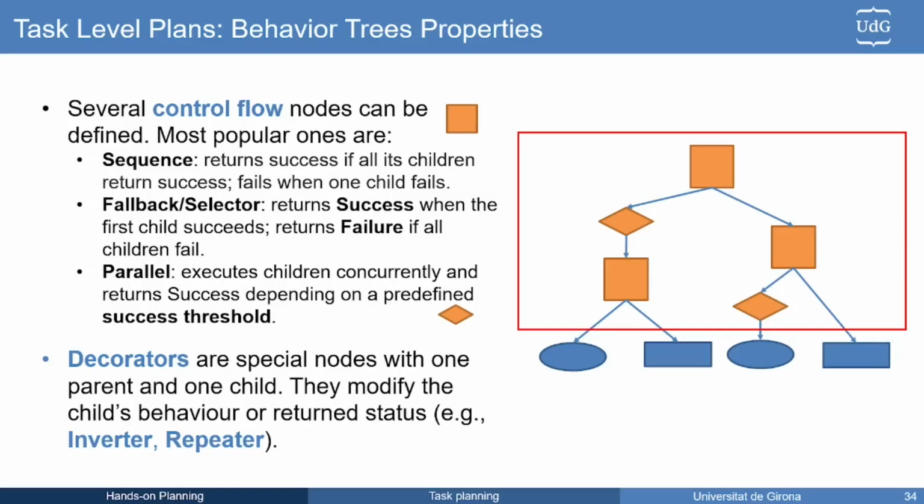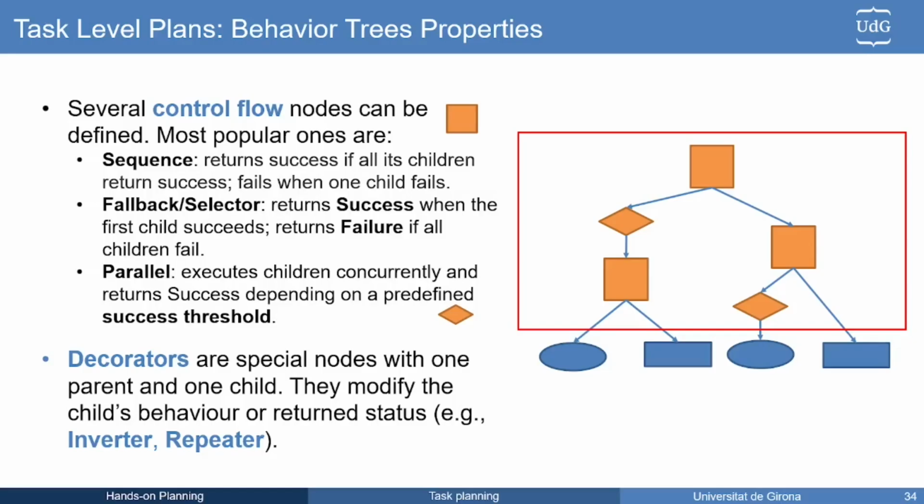We have a sequence. A sequence means that, maybe it's even easier if I draw it. If I have a sequence block, and here I have, I don't know, 1 condition and 2 actions, the moment that this one receives a tick, the first thing it will do is send this tick to its first child, and then check this condition.